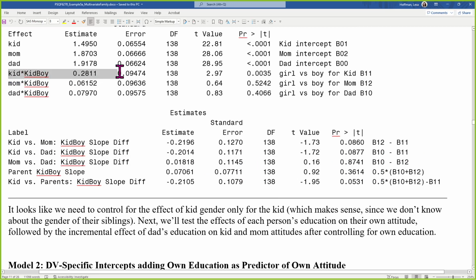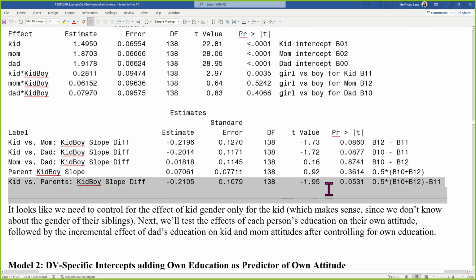So even though the kid's slope is significantly positive, and the slope for the mom and the dad is positive but not significant, these tests down here, p equals 0.08, are telling us that this number is not different from these. So one significant and one not does not mean they're different. It does probably mean, though, that it wouldn't make sense to leave these 2 slopes in the model, given that they're not significant and conceptually we wouldn't expect them to be there.